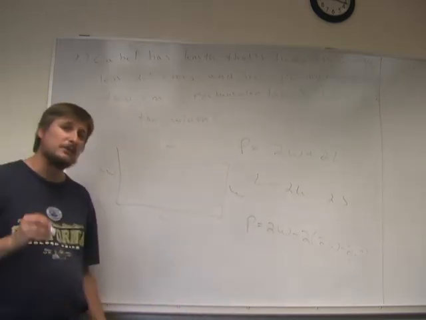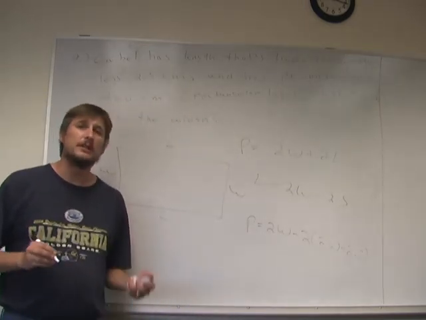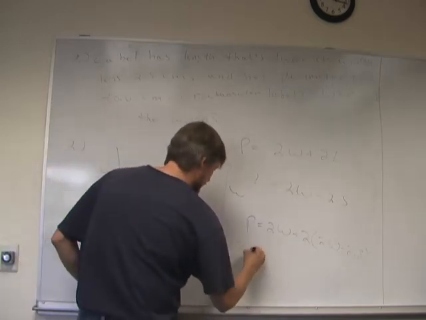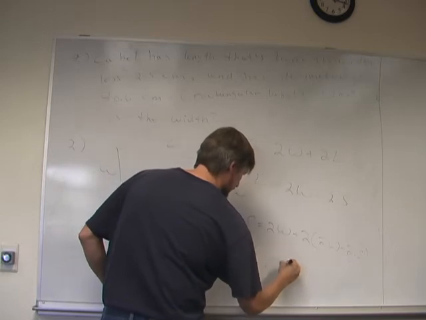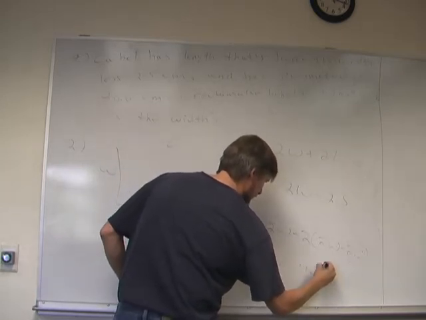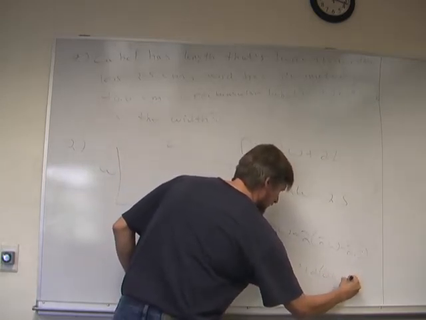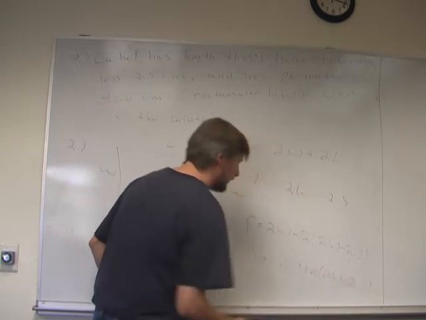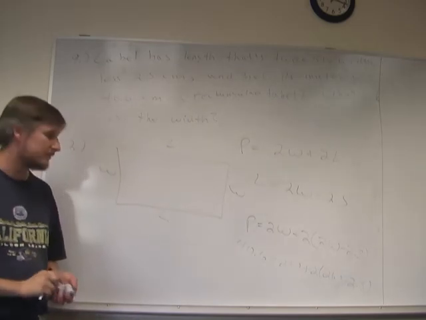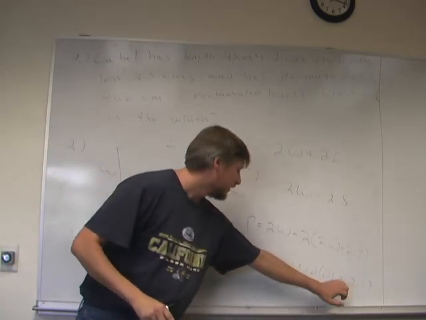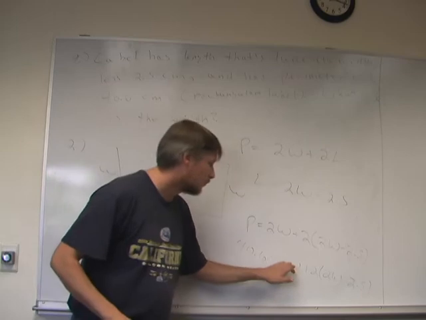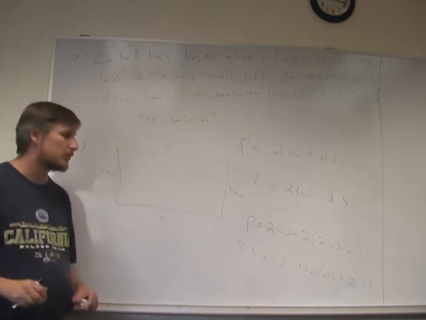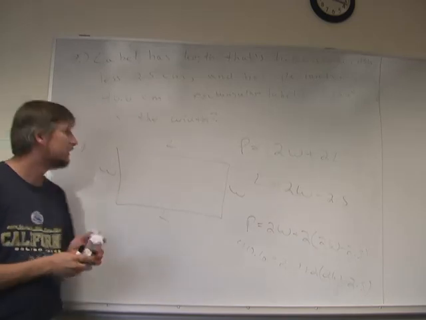Finally, we're actually given a value for our perimeter. It's 40.6. Let's plug that in too. Now what we have is one equation in terms of just numbers and then one variable W, the variable that we're looking for. This is what we're going to use to find W in part 3.